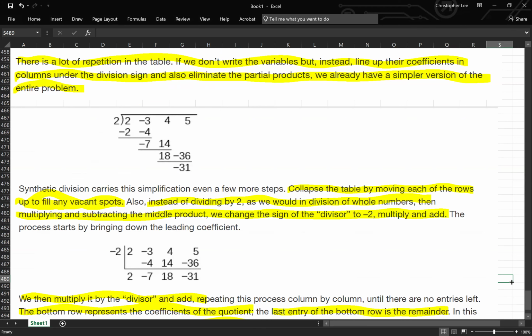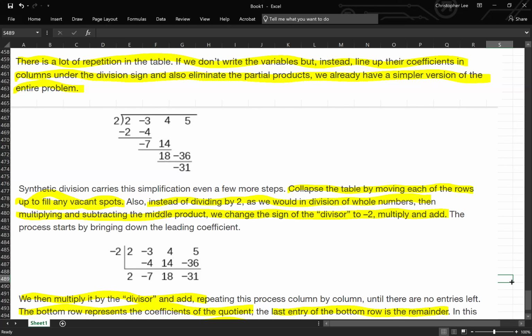Synthetic division carries a simplification even a few more steps. Collapse the table by moving each of the rows up to fill any vacant spots. Also, instead of dividing by 2, as we would in division of whole numbers, then multiplying and subtracting the middle product, we change the sign of the divisor to negative 2, multiply and add.